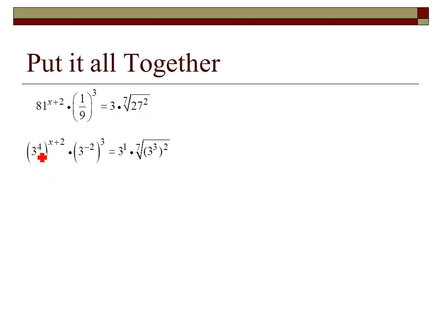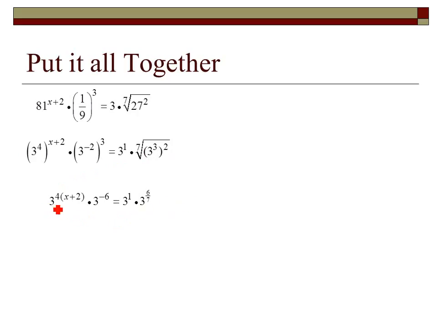So my next step, this is going to be 3 raised to the 4 times x plus 2. This is 3 to the negative 6th. This right here, I get 3 to the 6th, I get 6/7. Now I've got to get my bases to be all together.